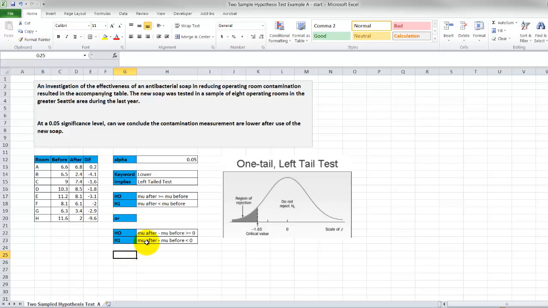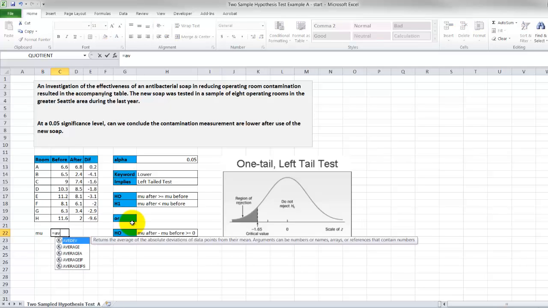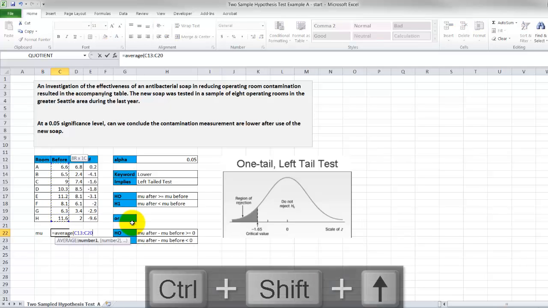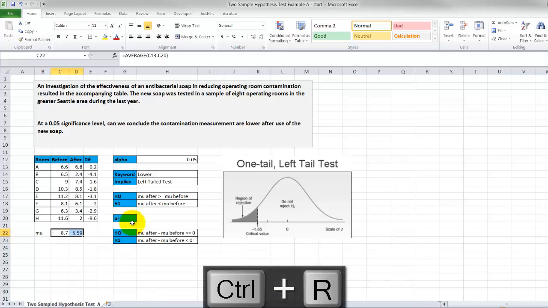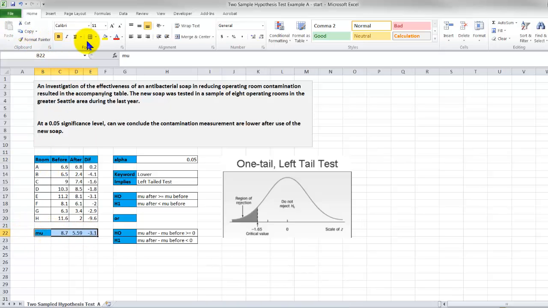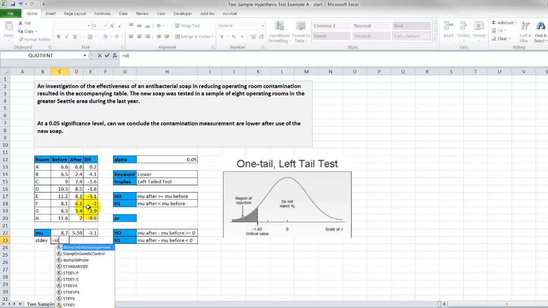Now, you might be wondering if this thought process or the strategy of solving this problem is similar to a one-sample test, and it really is. We could calculate the mu for before, average, and we could calculate that for the after and the difference, and we could actually go ahead and calculate the standard deviation of this sample.